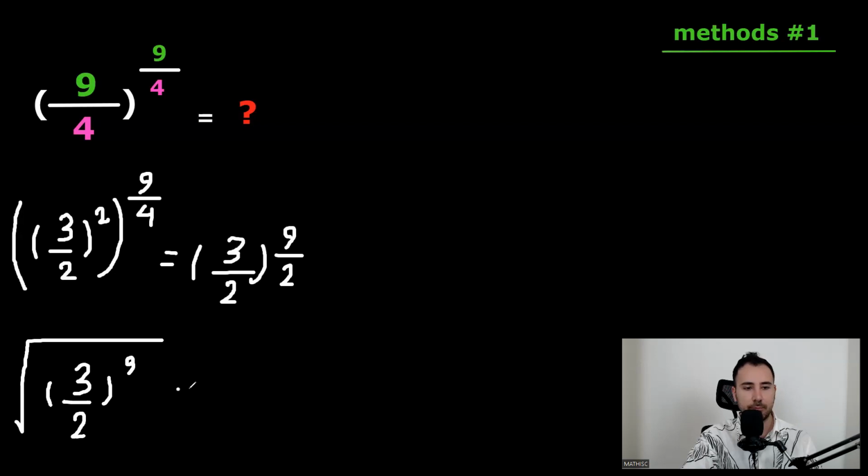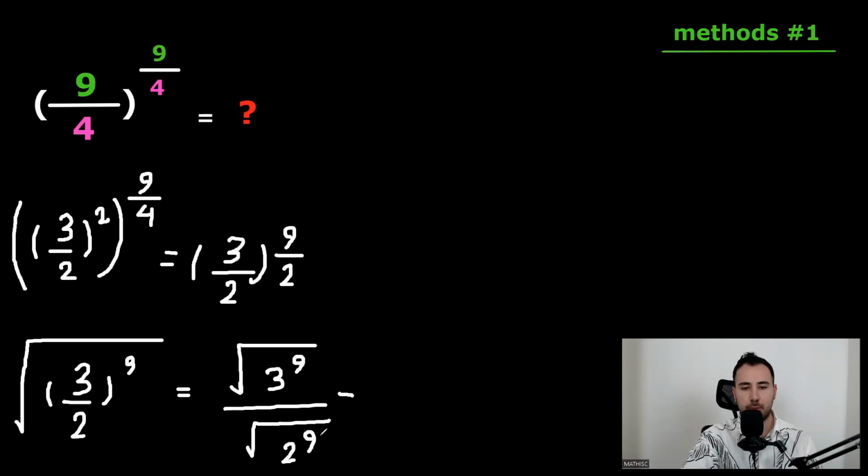Okay. So I'm going to write it as square root of 3 to the power of 9 and 2 to the power of 9.